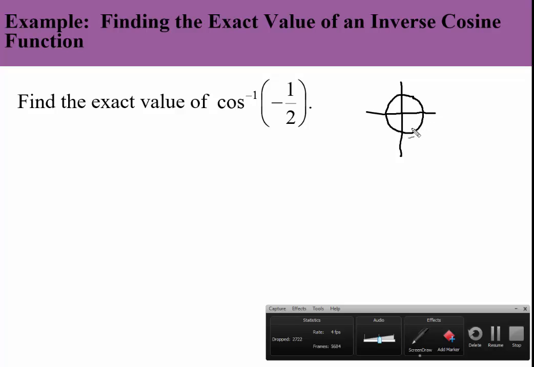And I would have to think, well, I'm having to look now from 0 to pi, and cosine's negative over here. And if you think about those first quadrant angles here, I think we're going to end up with the cosine -1/2 at 2 pi over 3. All right, so let's see if that's true or not.